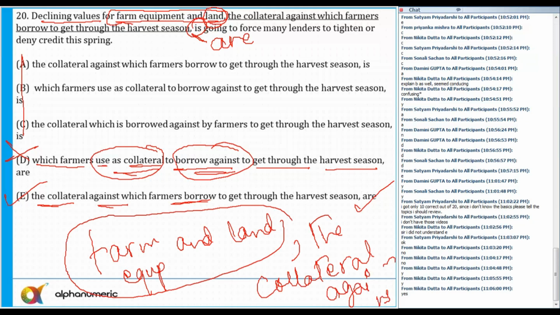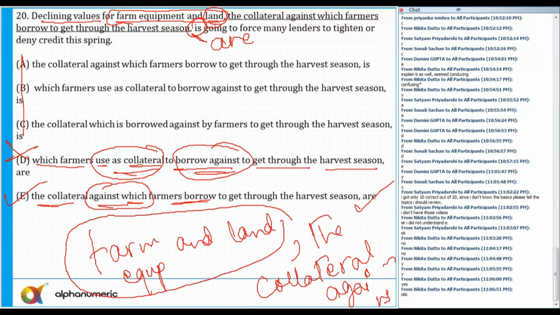Now see, before the word which there's a preposition, against which farmers borrow. Now there is no error. Both farm equipment and land are one entity, and these are the collateral against which farmers borrow. Because before the word which we have a preposition, that is why there's no comma there. It's correct.